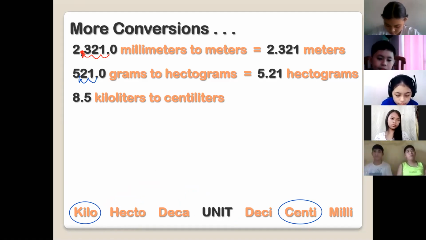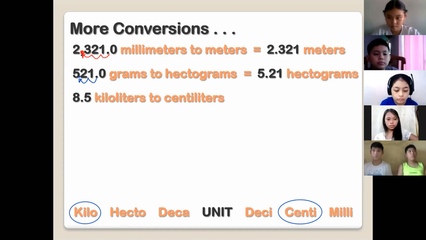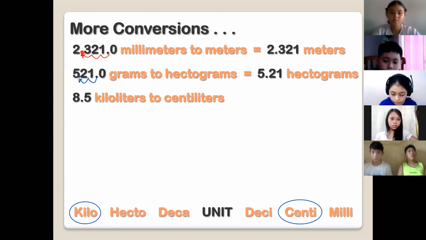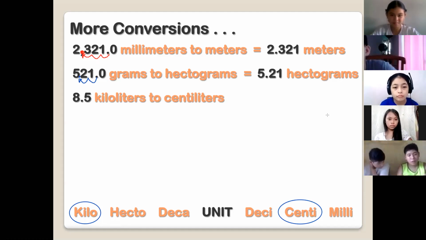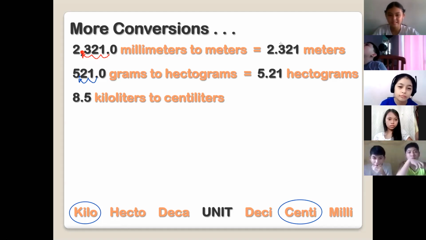That is the number of times you're going to move the decimal point of your given also in that direction. I think Angel is typing the answer already. The answer is 850,000 from Angel, and that is correct.